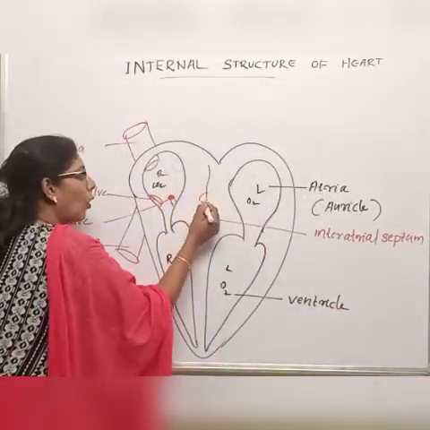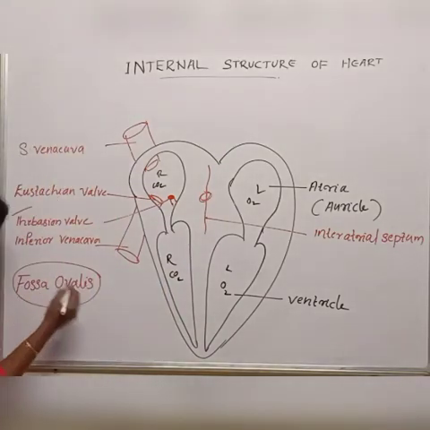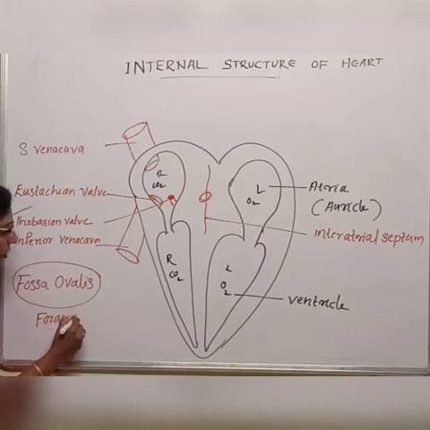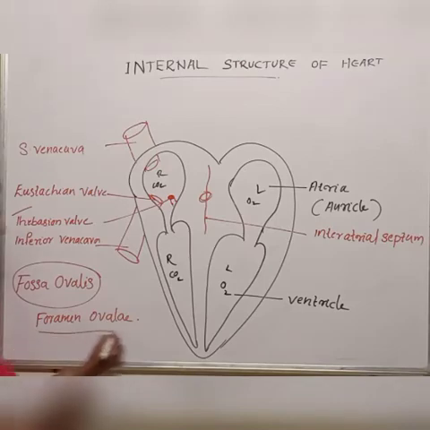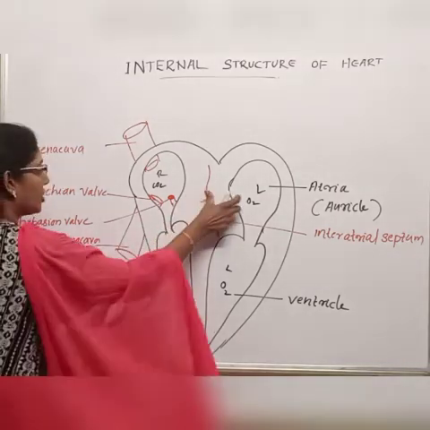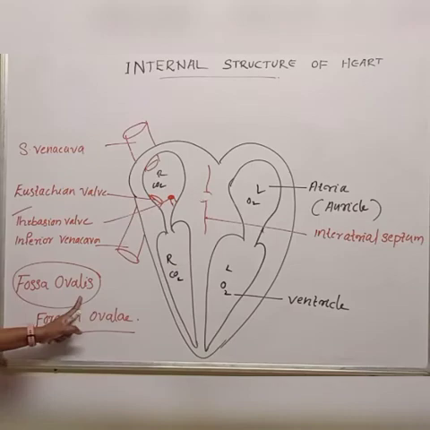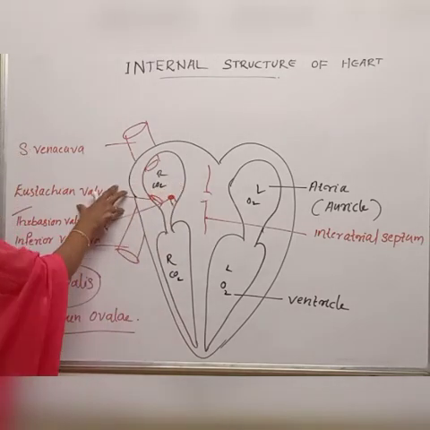The name of the opening is the foramen ovale. After the birth of the child, this foramen ovale gets healed and a remnant remains. That remnant is called the fossa ovalis. So this much you have to tell about the right atrium.